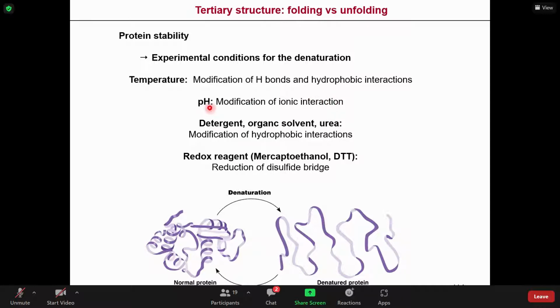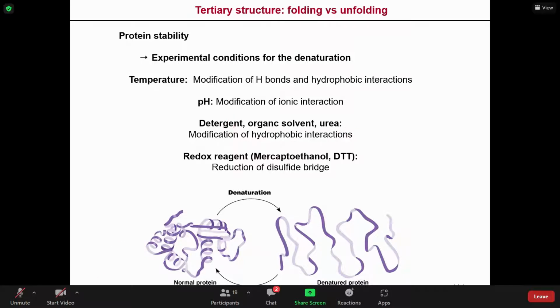You can also have the salt concentration of your solution. If it is increased, it modifies the ionic interaction by competition. Detergent, organic solvent, and urea will modify hydrophobic interaction.